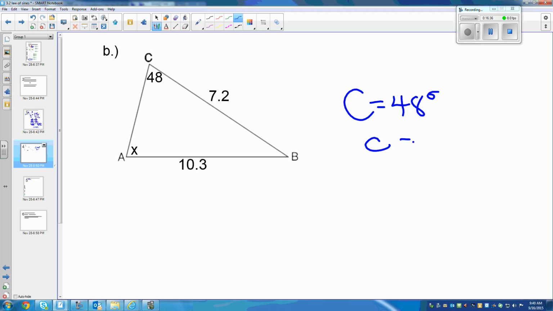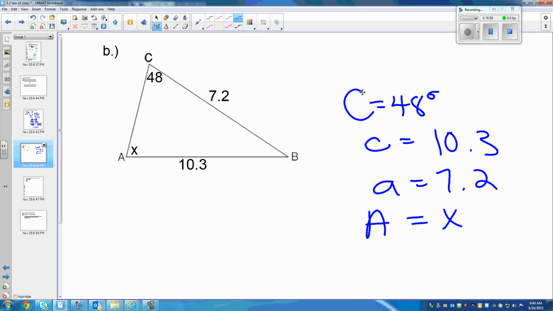Good. Little c, side length of c is 10.3. Demara, anything else we know? Side length A is 7.2. And Morgan, what's the last thing that we're asked to find? Angle A is equal to x.